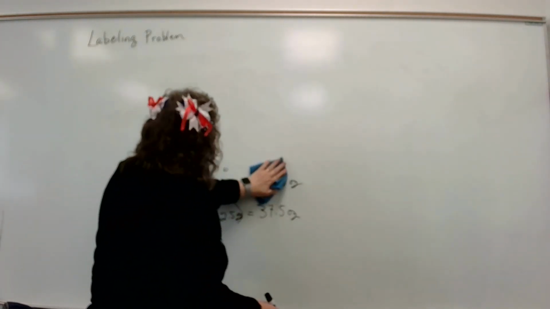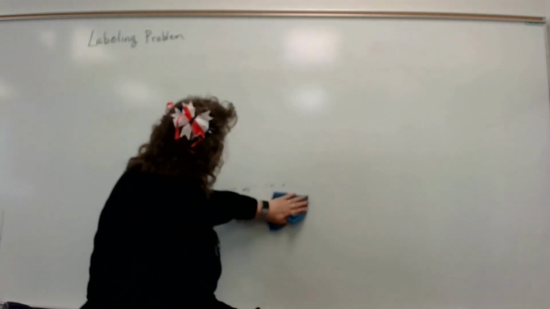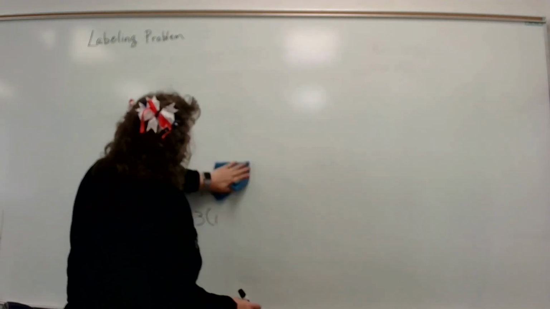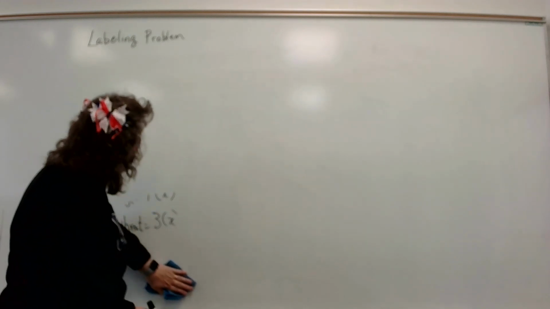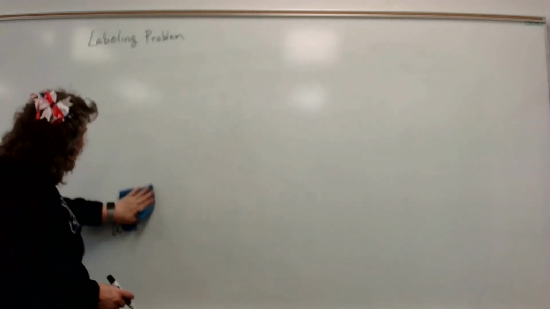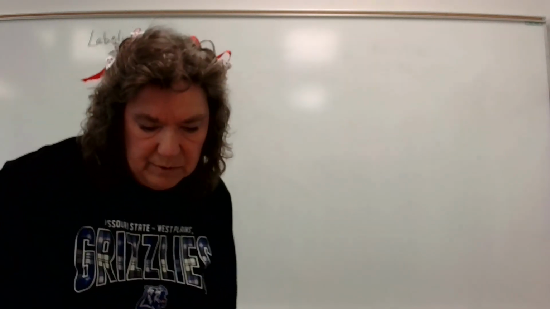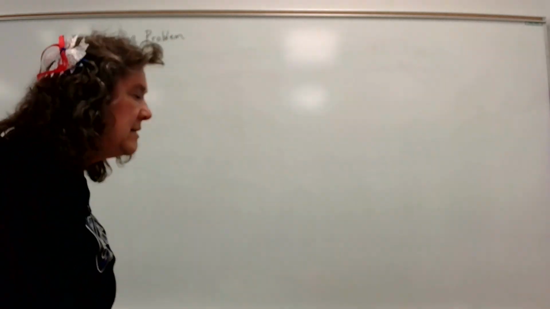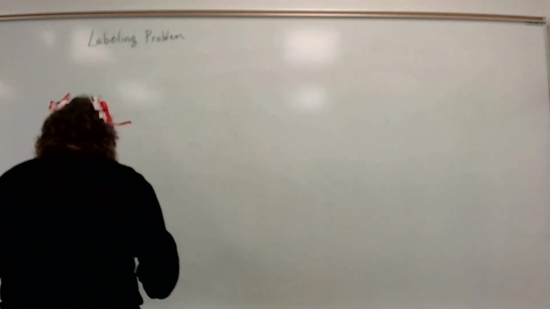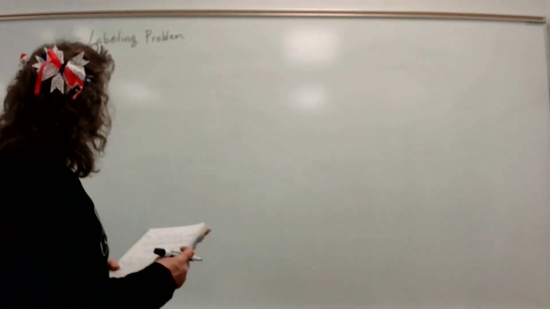When you're doing labeling problems, it's really important to decide what is the foundation of the variable. What does the variable belong to? Okay? So, it says here, a travel agent needs to book 83 tickets.